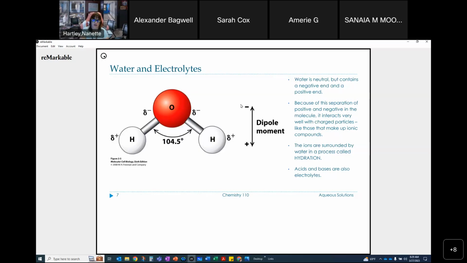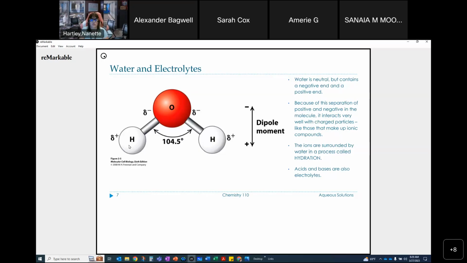So the Na+ is attracted to the negative end of this water, and the Cl- is attracted to the positive end of this. Okay, and it turns out that surrounding those ions with water is favorable compared to them hanging out together. That process is called hydration. So that's what happens when we have things that are ionic that go into solution.